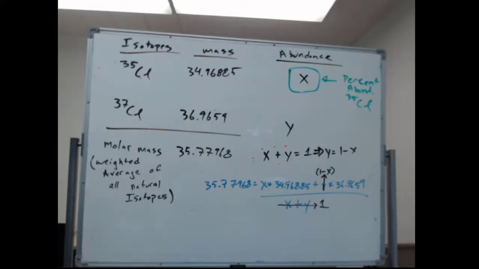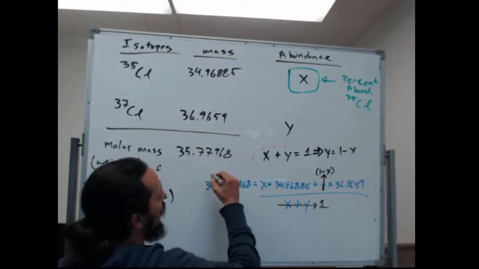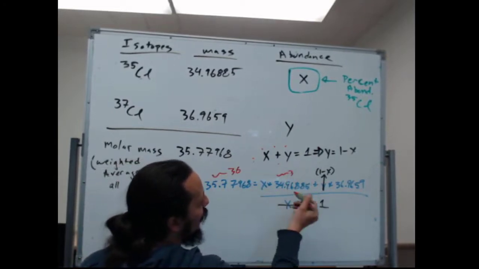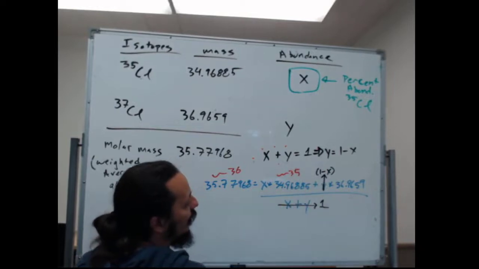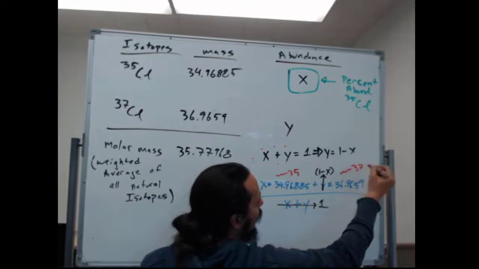So before we jump into our calculator, we're going to do a little bit of approximate thinking. This number is approximately 36. This number is approximately 34.968. That's approximately 35. 36.96, that's approximately 37.